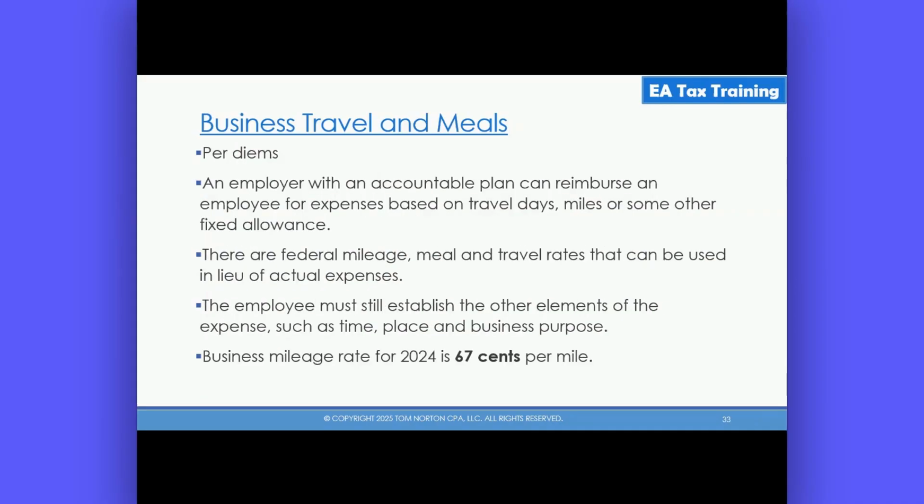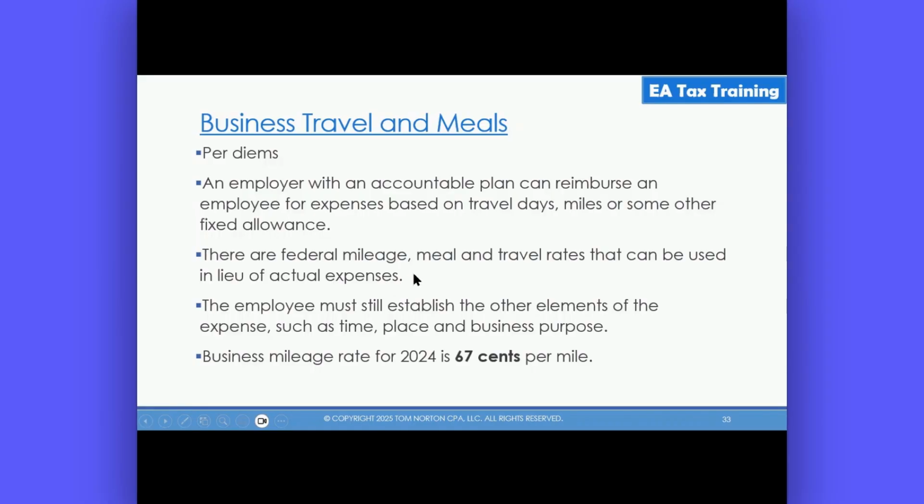Per diems. So we talked about this before. Per diem means per day. So an employer who has an accountable plan can reimburse an employee for expenses based on travel days, miles, or some other fixed allowance. And there are federal mileage, meal, and travel rates that can be used in lieu of actual expenses.